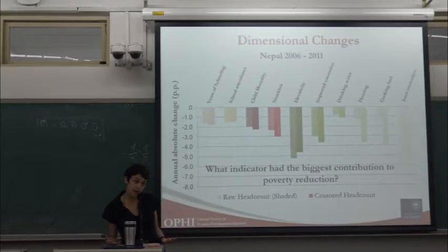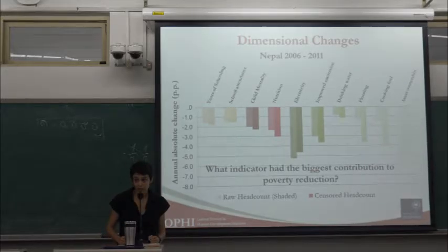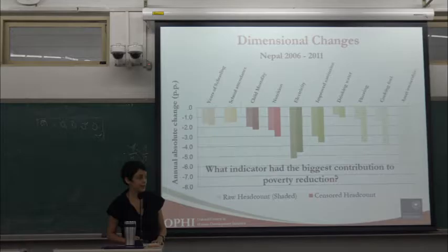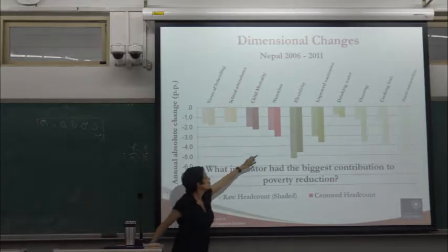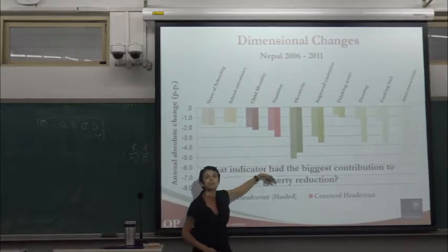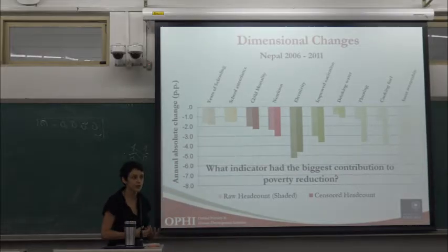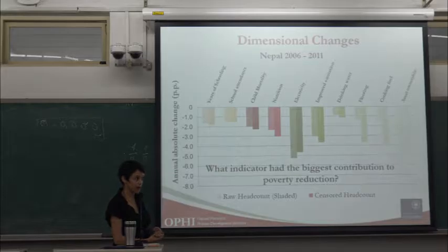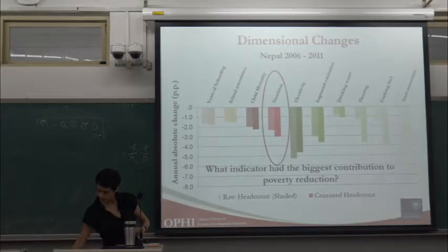If I now ask which indicator has contributed most to the reduction of poverty in Nepal, what do you think the answer is? Nutrition. Because if you multiply this by 3, you see it would in fact be a much bigger contribution. Of course, not multiply, but in your head. The magnitude is much higher. Nutrition.